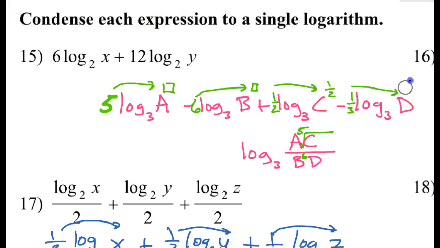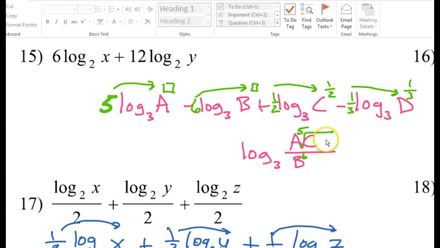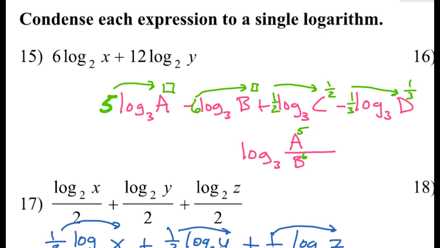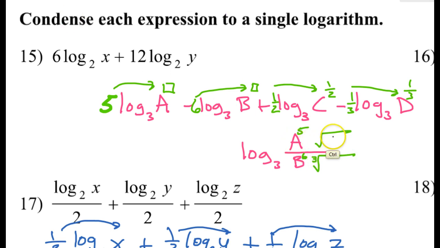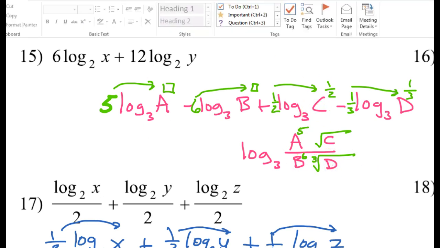And again, that will become the 1/3 power, which is really the cube root. Okay, so that's how condensing works in a nutshell.